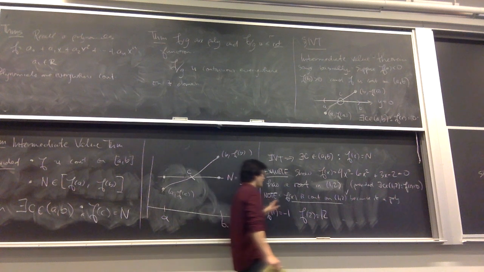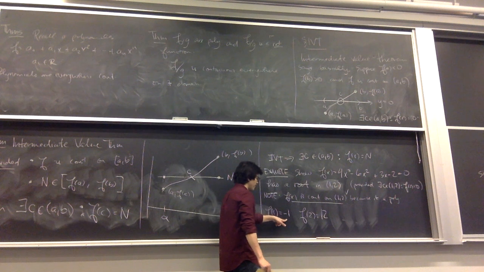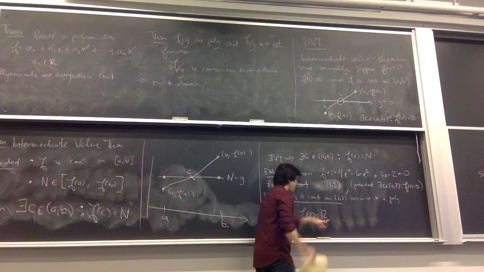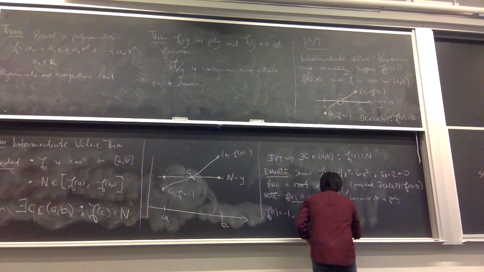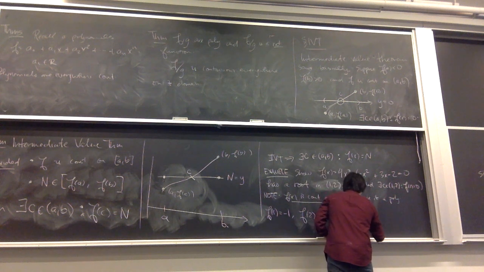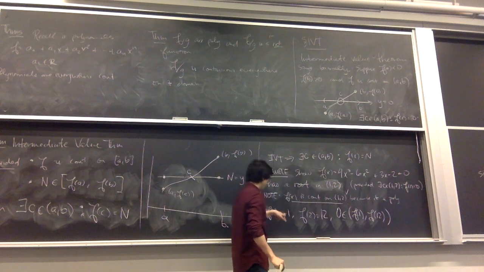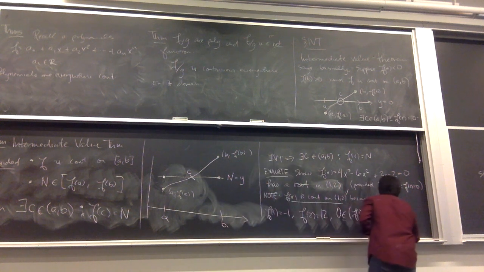So note that f of x is continuous on [1, 2], f of 1 is negative 1, f of 2 is 12, and 0 is in the interval from f of 1 to f of 2. Minus 1 to 12.